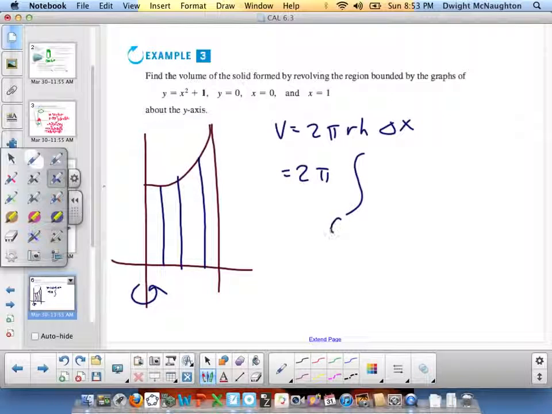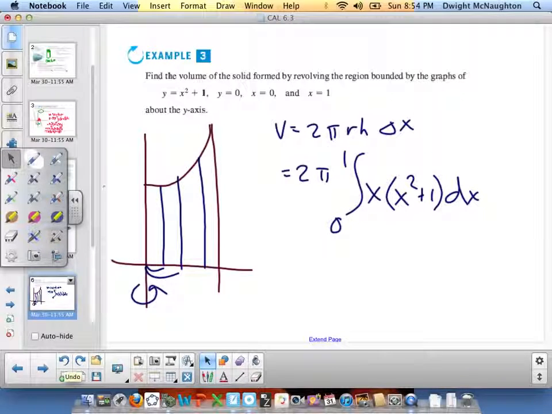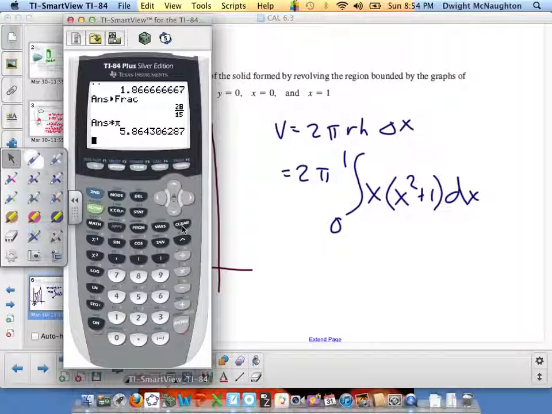We're going to stack them up from 0 to 1. Our radius is the x value. And our height is going to be the function x squared plus 1 with respect to x. There's our setup. Let's evaluate.